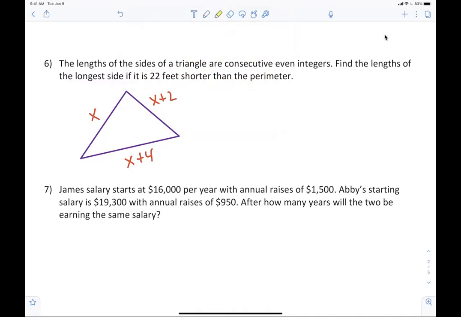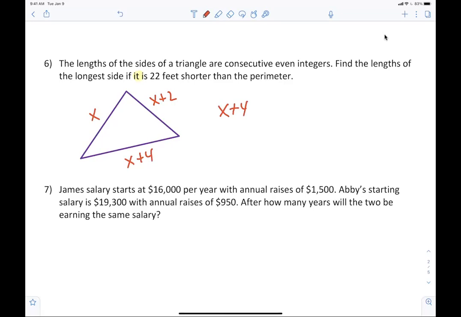So it says, find the length of the longest side if it is, what is it referring to? The longest side. What is the longest side? x plus 4 is the longest side. And what's true?